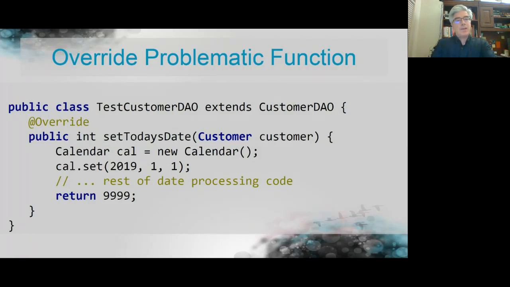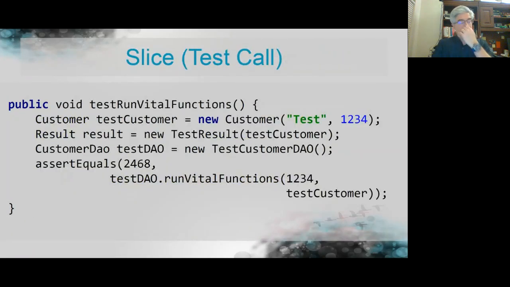So basically I'm stubbing that out with some fake data. And then the way that my test works is I will create my test customer, have my test result based on that test customer. I will now create a test customer DAO, and I'll run the vital functions on that.